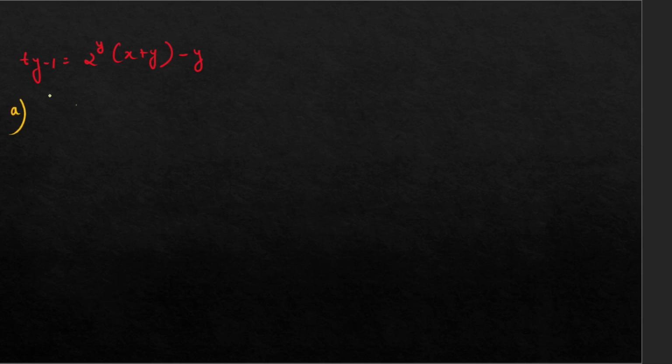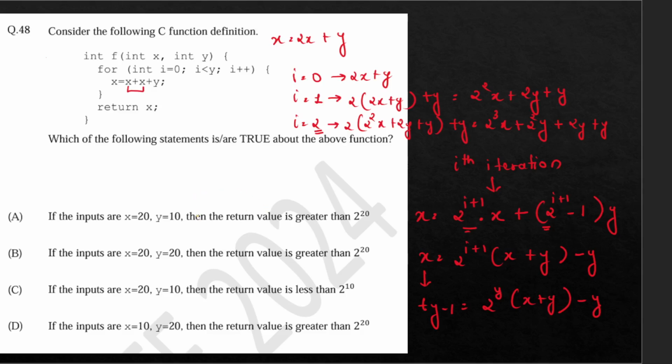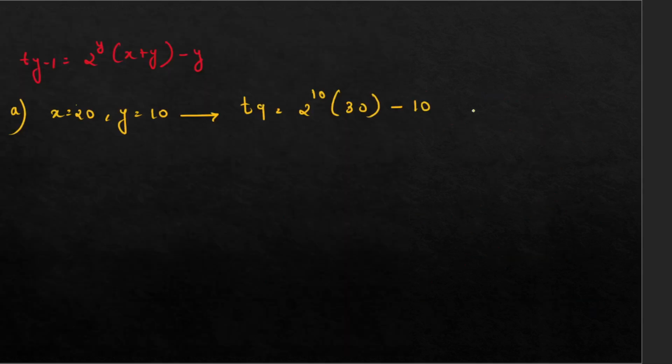Option A, x equals 20, y equals 10. Let's put the values into this equation and see what answer we get. So t 9 will be there. After that 2 to the power 10 will be there. This will be 30, minus 10. Now what they are saying is that the returned value is greater than 2 to the power 20. So is this greater than 2 to the power 20?